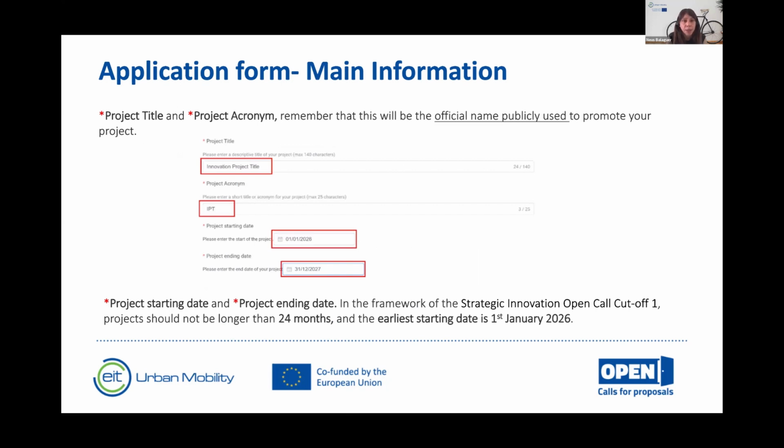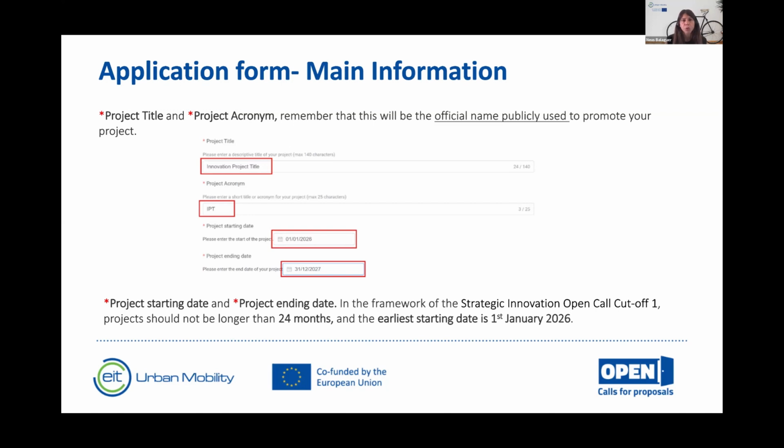About the title and the acronym, you have a maximum number of characters to write them. What we suggest is that you keep in mind that if the project is granted, this title and acronym will be used for publicity purposes.